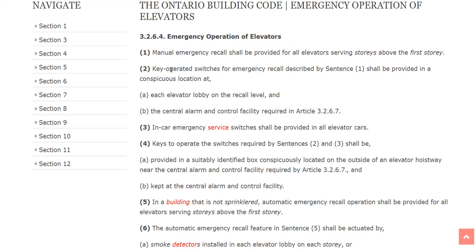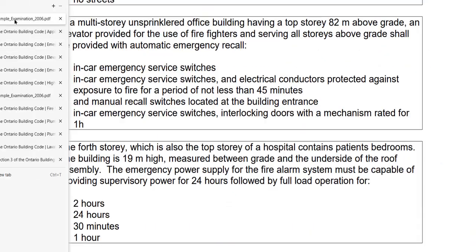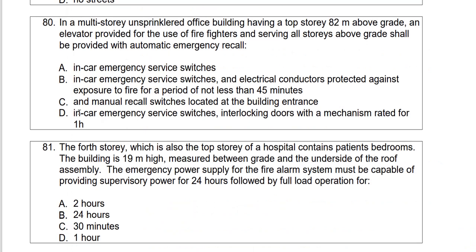Number two, a key operated switch for emergency recall provided at sentence 1 shall be provided at each elevator lobby or recall level and central alarm. Or number 3, an in-car emergency service switch shall be provided for all elevators. Does that sound familiar in our question? In-car emergency service switch. So we exclude this, we exclude this, we exclude C.